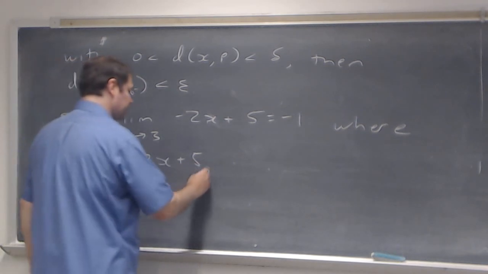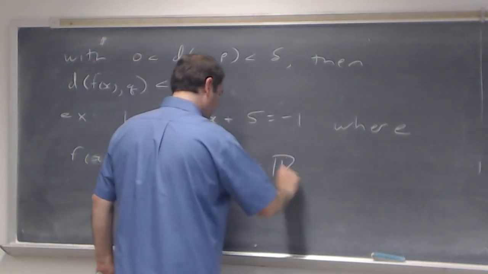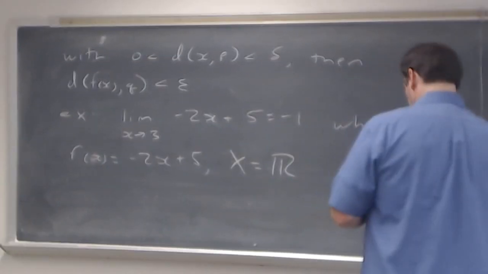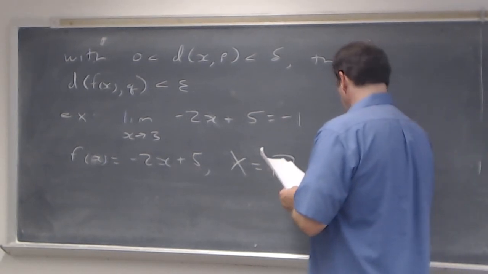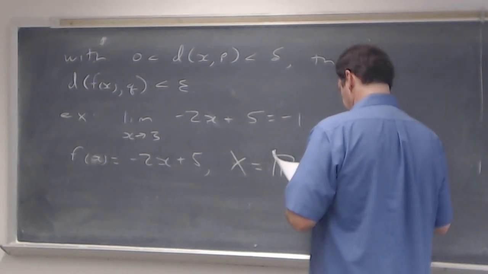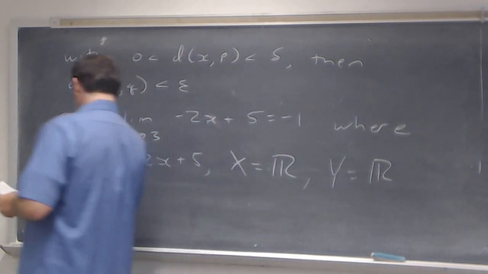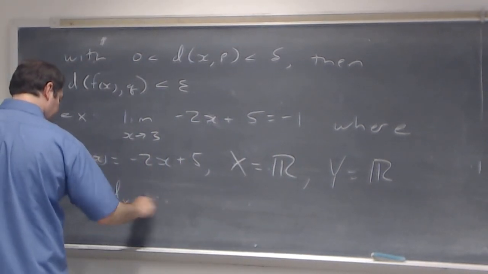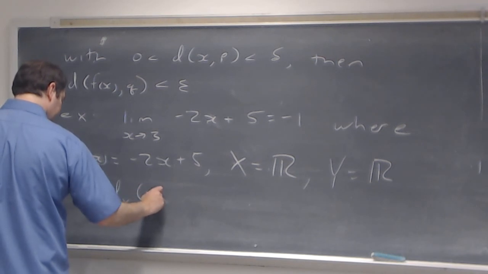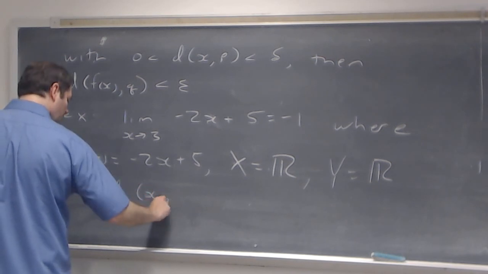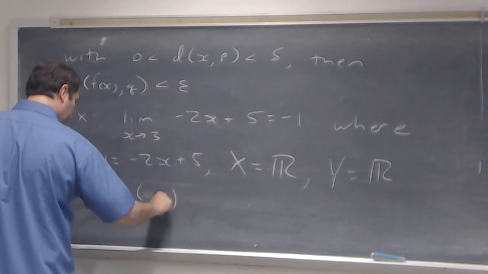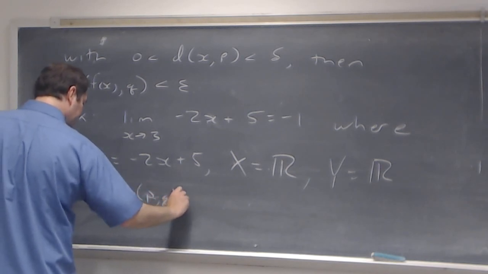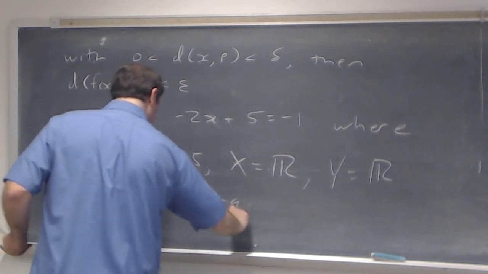And big X, the metric space, is the real numbers. And Y is also the set of real numbers. And the metric on X is the usual metric on the real numbers. The distance between p and q is equal to the absolute value of p minus q.